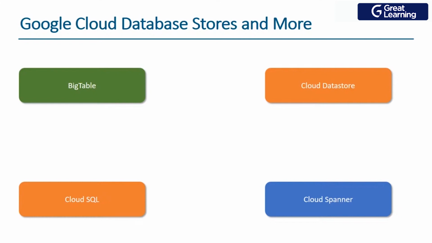When you talk about Bigtable, it handles data that is SQL in nature, that is structured, and NoSQL in nature, that is not only structured. That means it can be semi-structured as well. Since we are talking about the big data world, we are dealing with data that may not always be very structured.